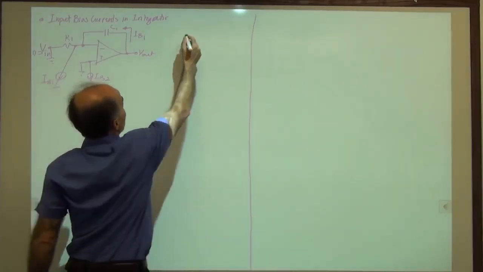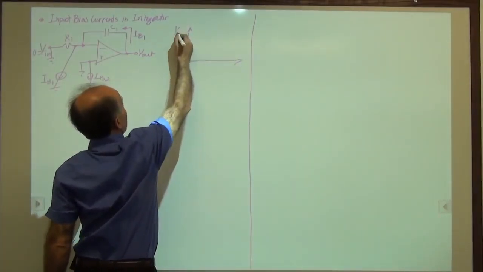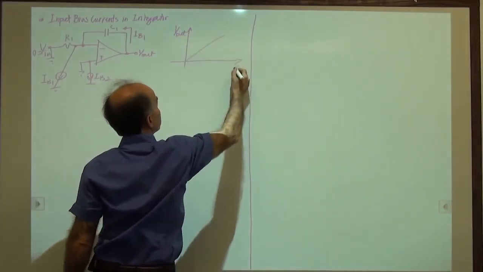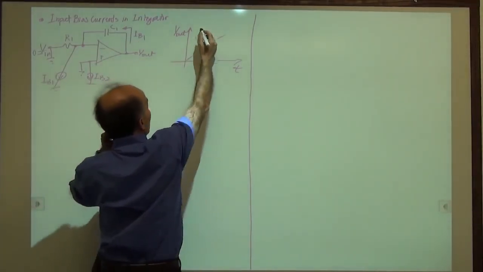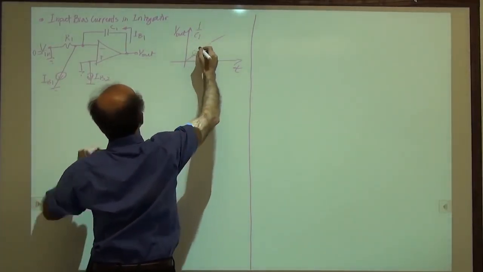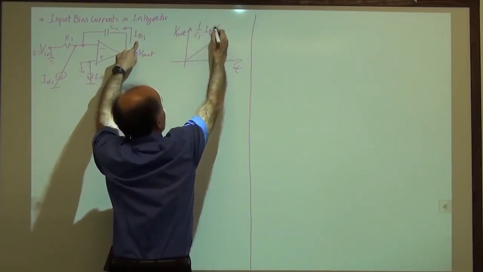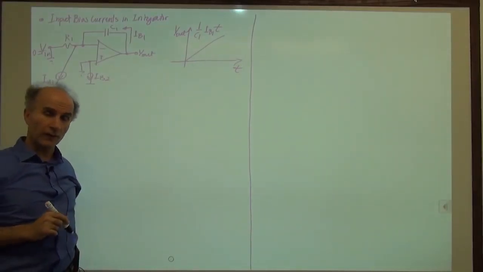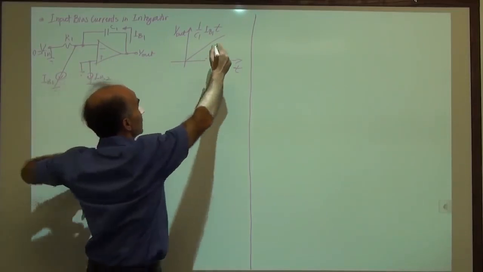So what we see here is that V out also grows with time like this, and we can express it as 1 over C1 times this current times T. So that's the equation for that waveform. And it will go up until the op-amp saturates, and then we're stuck.